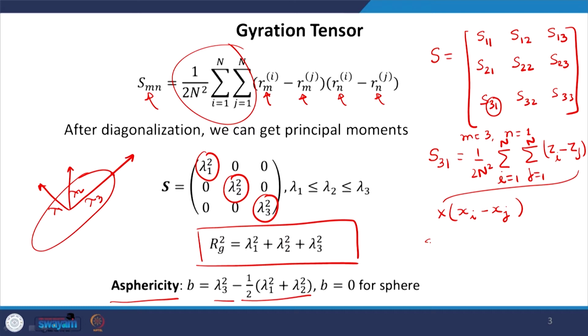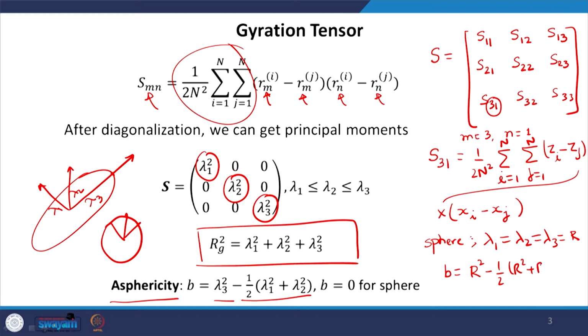Again, for the case of a sphere, all these components are going to be the same, because for a sphere, no matter what direction I look at, the size is r. So it is lambda 1 equal to lambda 2 equal to lambda 3 equal to r, and therefore for that case we will get r square minus half of r square plus r square, and that gives me 0.